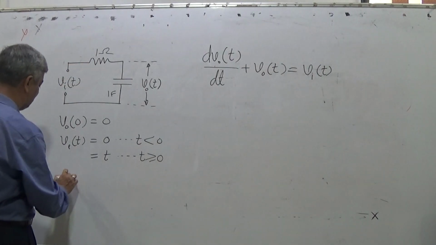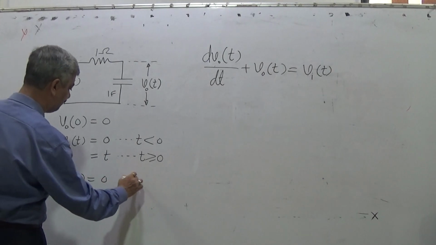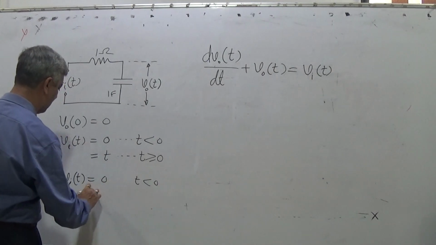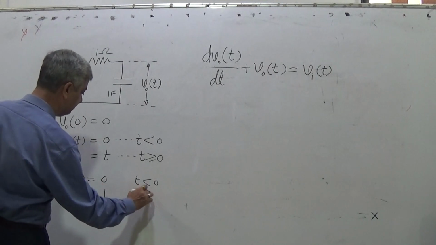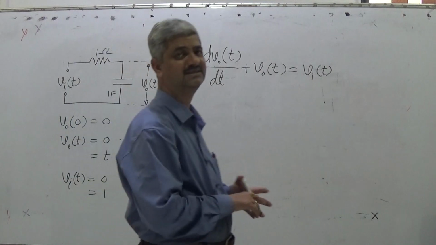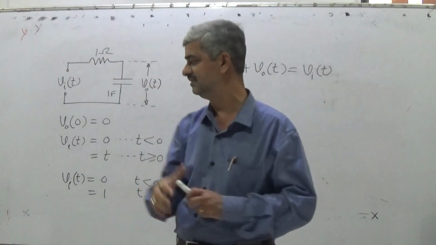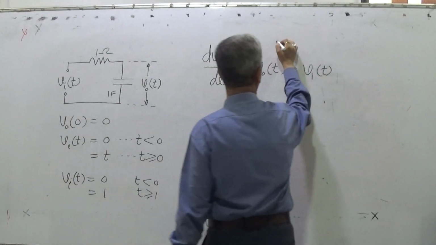Vin(t) was 0 before t equal to 0 and was 1 for t greater than 0. It was called a step input. So it was 0 and then made 1, a step input like this.